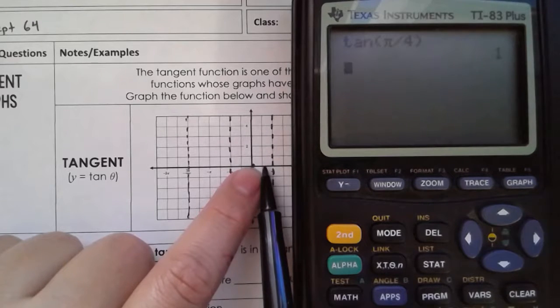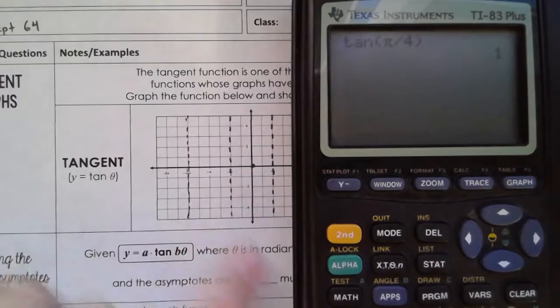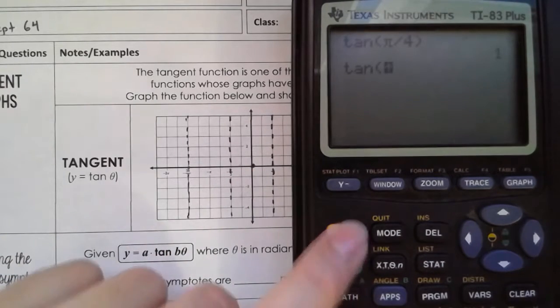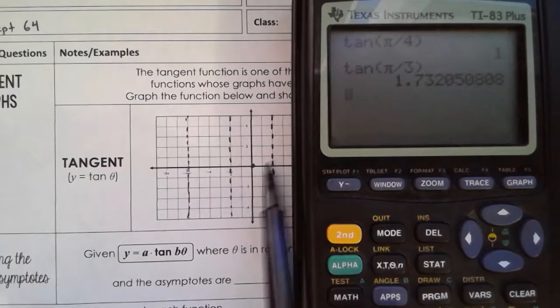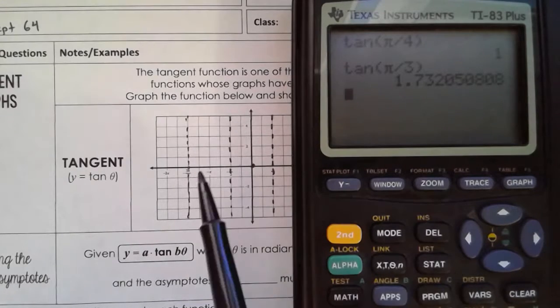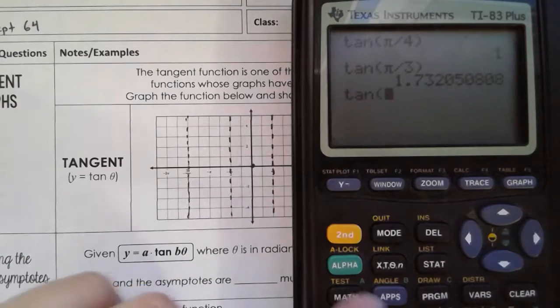What would it mean getting closer? I would have to take maybe pi over 3. If I take tangent pi over 3, I get 1.73. So I got something bigger. Now let's get closer and closer to pi over 2. Let's take tangent of, say, pi over 2.5.